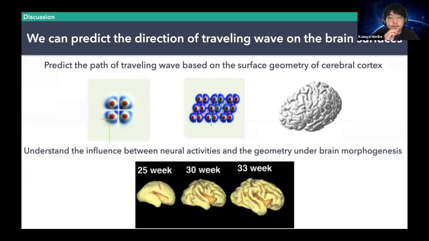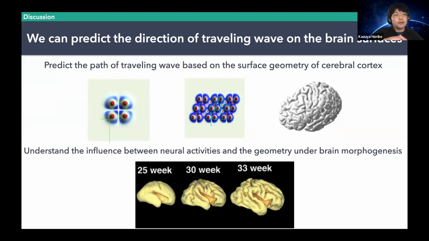Yeah. How do you think about that? Yeah, exactly. I think that, for example, this is a human brain in the very early development stage. In this region, the neural fiber is not matured.